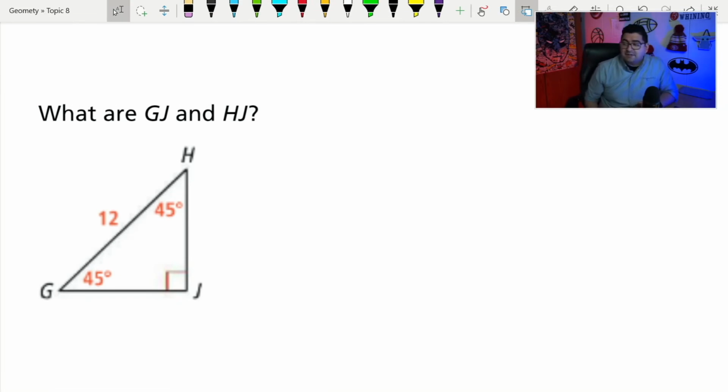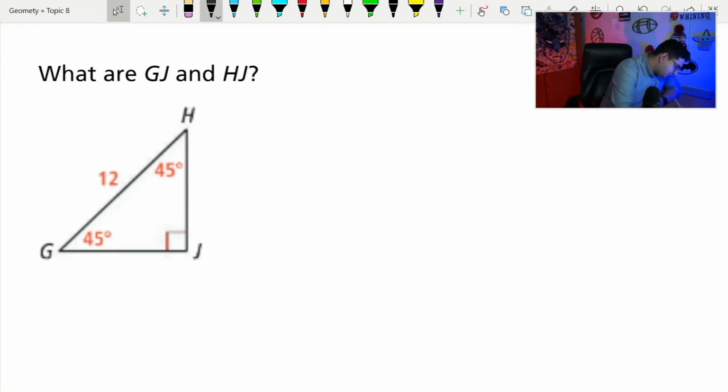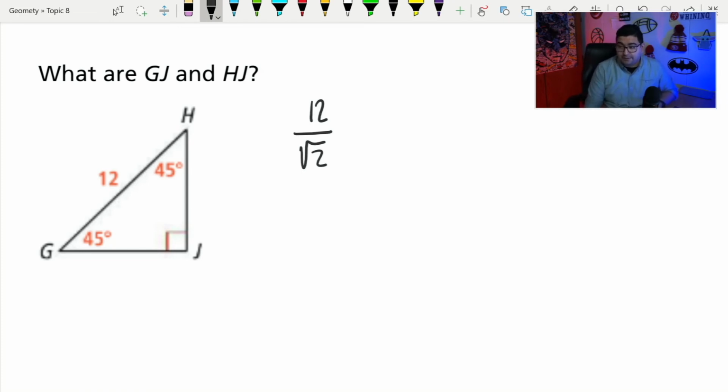So let's say they give me the hypotenuse here, which is 12. Okay, I could use this to help me. I can spot right away that this is a 45-45-90 degree triangle, because I see the two 45 degree angles. So I'm going to do 12 divided by the square root of 2. Okay, this is an improper fraction because it has a radical on the bottom.